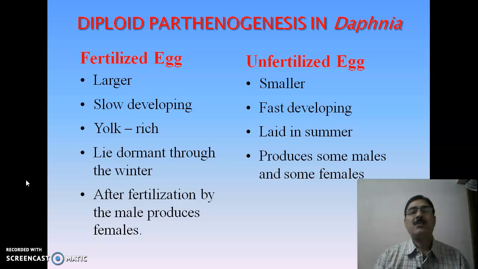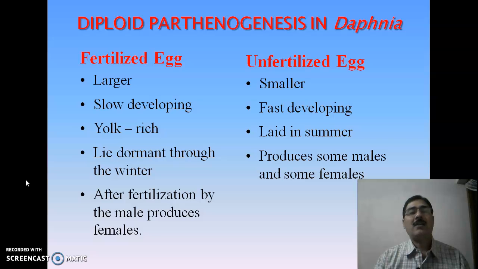Now, this is the comparison of what we have just studied in the previous slide. The fertilized eggs are larger in size while the unfertilized eggs are smaller. Fertilized eggs are slow in developing and the unfertilized eggs develop very fast. The fertilized eggs are yolk rich while the unfertilized eggs, which are laid in summer, have less yolk.